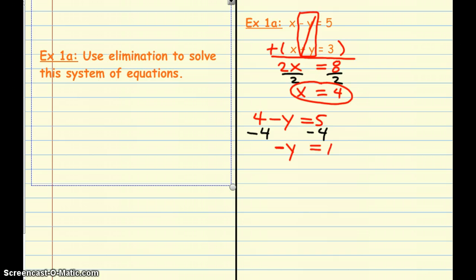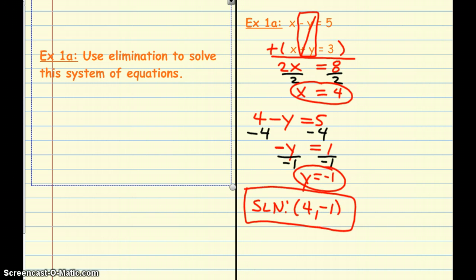Negative y equals positive 1. And if negative y equals positive 1, then we can divide both sides by negative 1 to get y equals negative 1. And just like we talked about the other day, then we write our solution as a coordinate pair of 4, negative 1. So that's the first example.